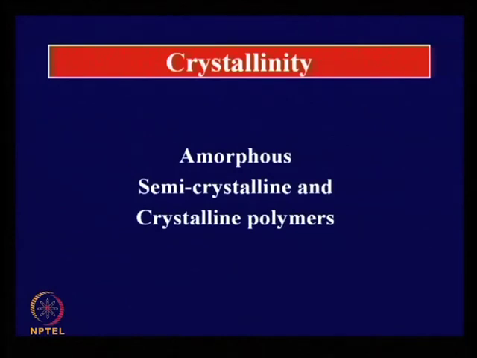Crystallinity, I told you, amorphous, semi-crystalline and crystalline polymers. Now, this concept of crystalline structure in polymers is a little different from the concept of crystallinity in metals and in other discrete molecules. In metals and discrete molecules, crystalline means 100% crystalline material with little defect.